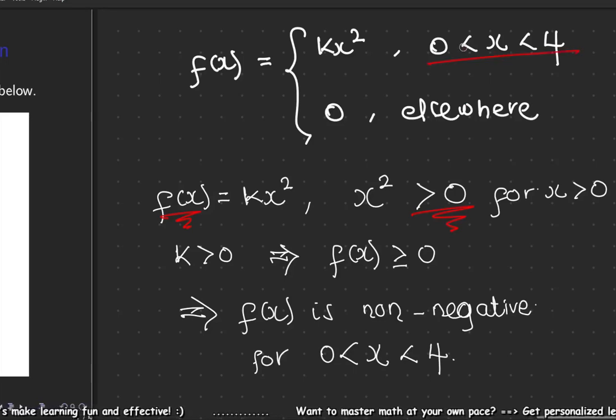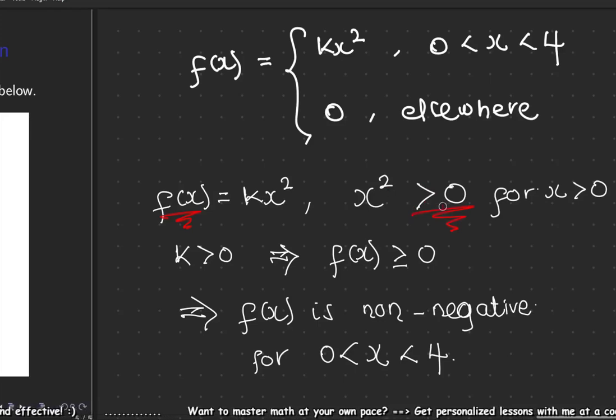Look at the values we have over here: 0, 1, 2, 3. It says greater than 0, so the values will be 1, 2, and 3, and they are all greater than 0. Hence x squared alone is greater than 0. Now we are done with the first part, which is x squared. Then we come to the constant, and if the constant as well is greater than 0, then the whole function would also be greater than 0. So hence we've been able to verify.